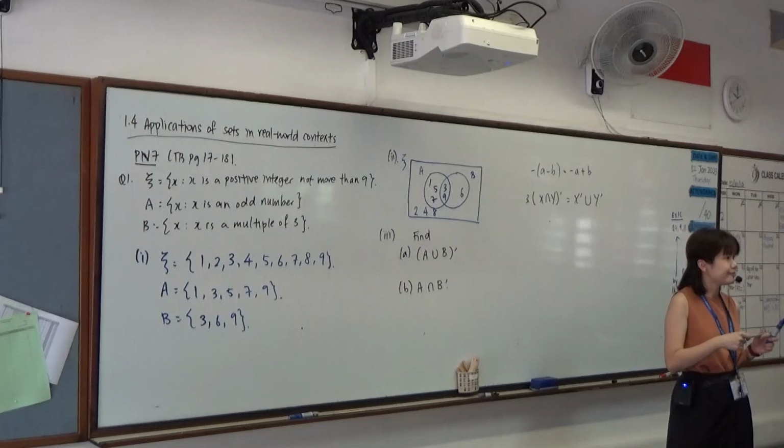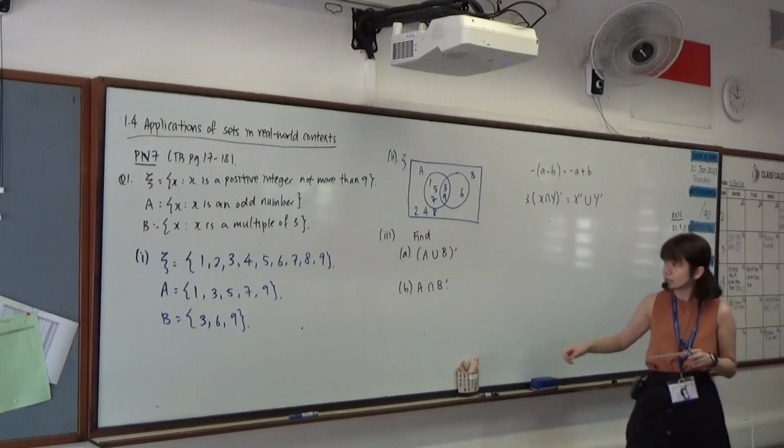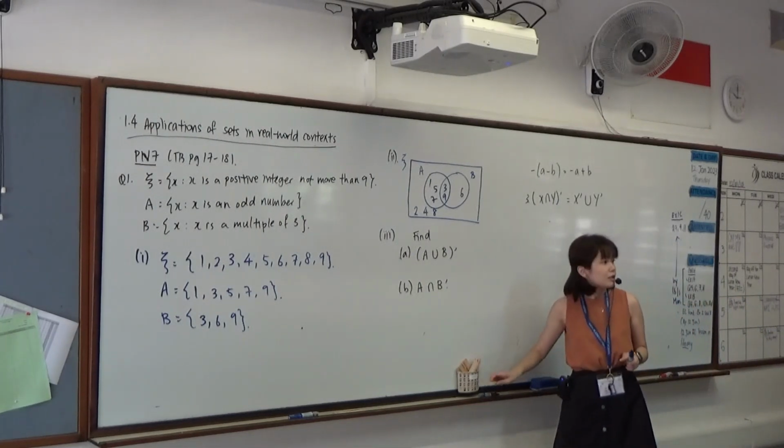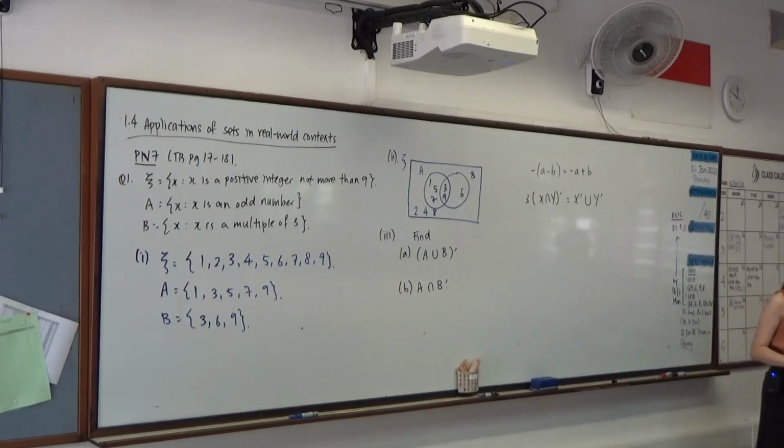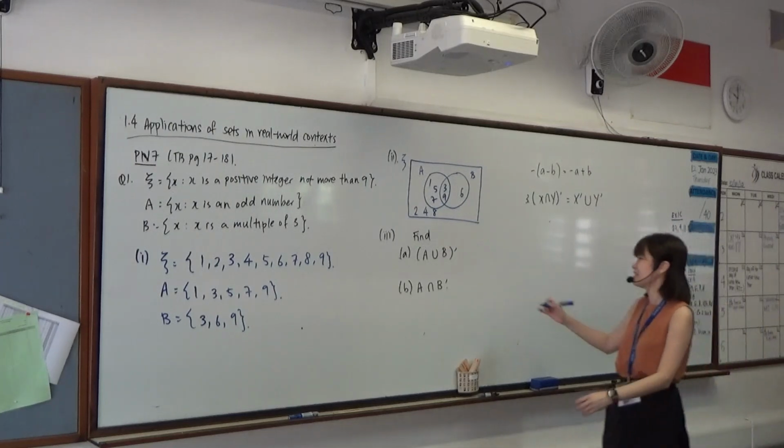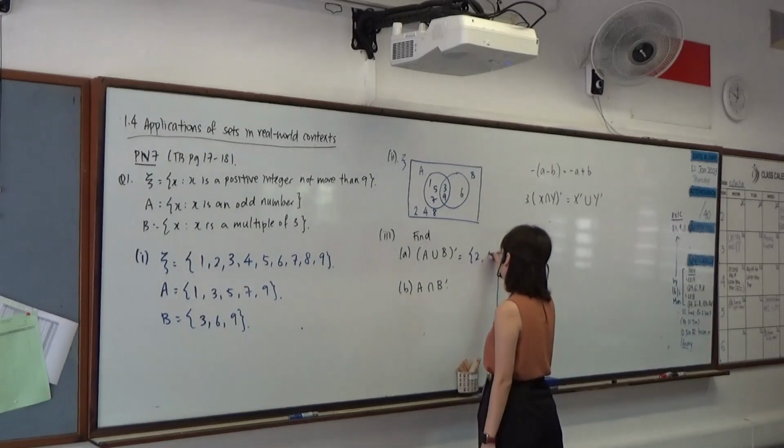Yes, Ashley. What are the elements in (A union B) complement? 4 and 8. Sorry, can you use your handling? 2, 4, and 8. Okay, thank you. So 2, 4, and 8.